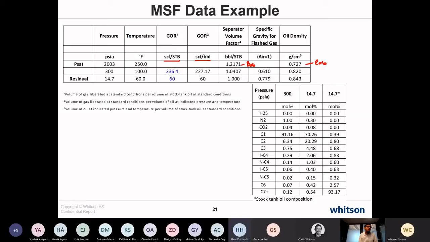Yes, it depends a little bit on what kind of PVT cell you have, how long you have to wait for equilibrium. We have a mixer in our cell, and if you are going into two phases, we set up the mixing to get the gas out of solution.